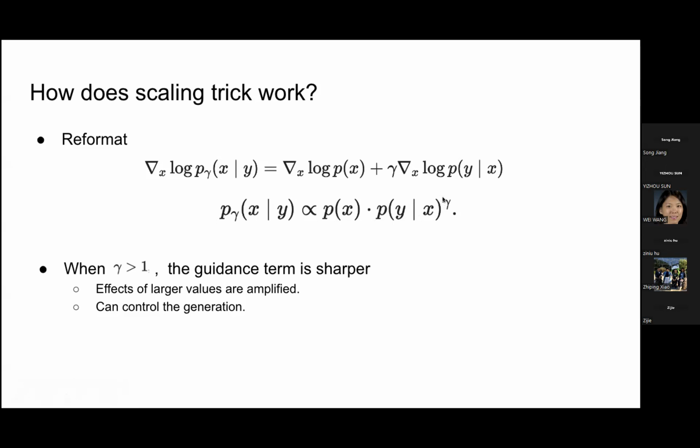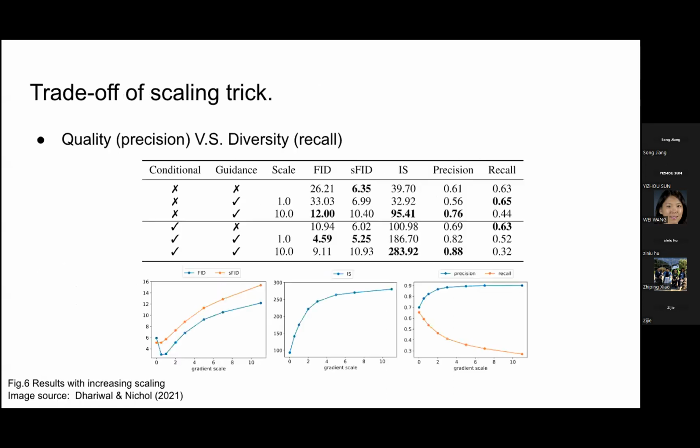If gamma becomes 2, they become 0.04 and 0.01, so 4 times. The effect of a larger conditional probability will be enlarged. That's why adding a large gamma helps generate high quality images.